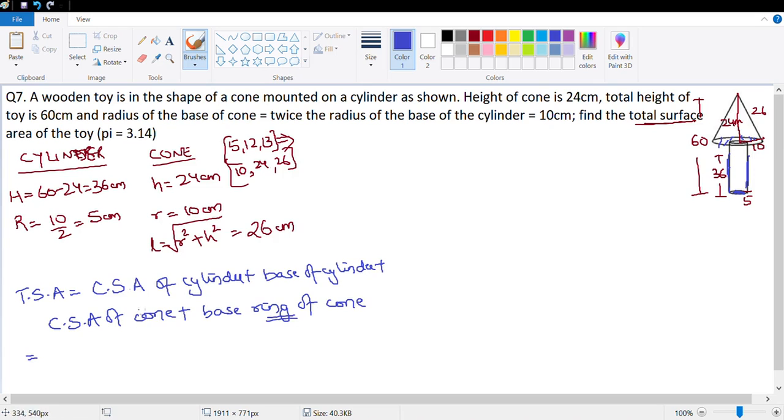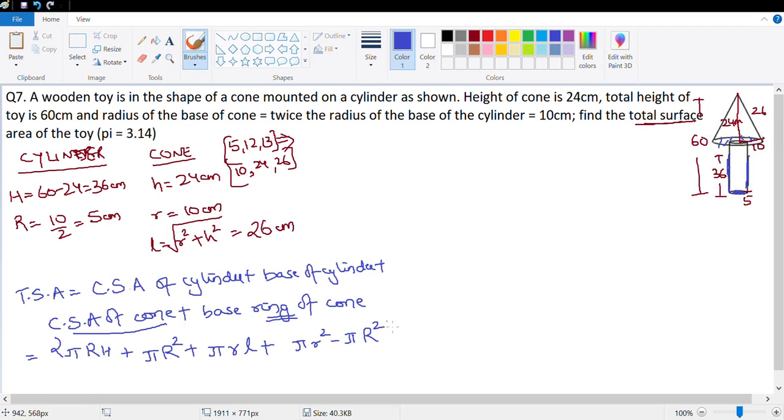Curved surface area of cylinder is equal to 2 pi capital R H plus base of cylinder would be pi R square plus curved surface area of cone would be pi small r L, because we talk about the cone and we've taken the radius of cone as small r, and the area of base ring would be pi r square minus pi capital R square.